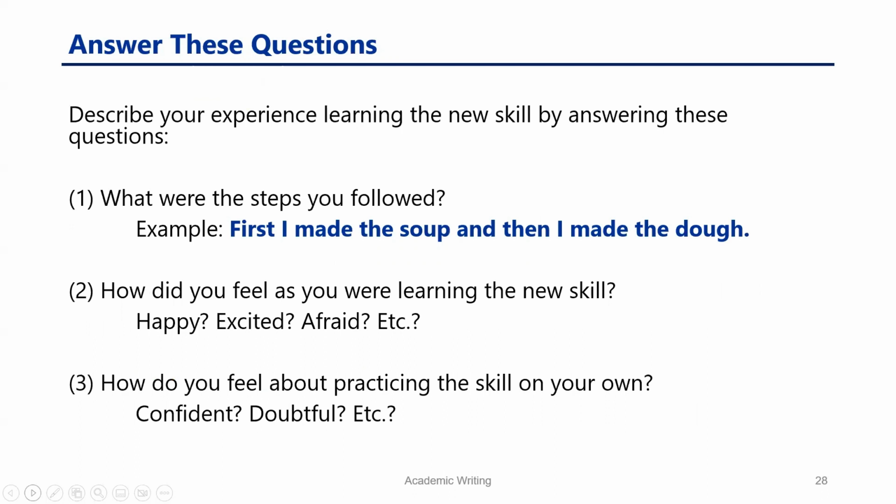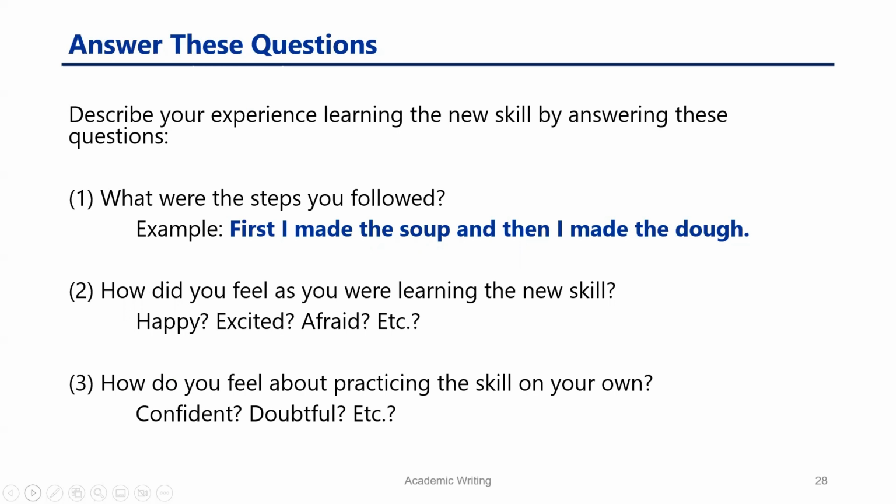So in your paragraph, describe your experience learning the new skill by answering these questions. 1, what were the steps you followed? For example, first, I made the soup and then I made the dough. 2, how did you feel as you were learning the new skill?